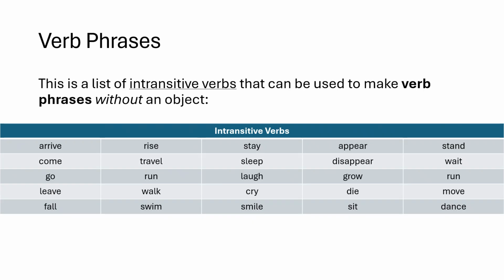This is a list of intransitive verbs that can be used to make verb phrases without an object.